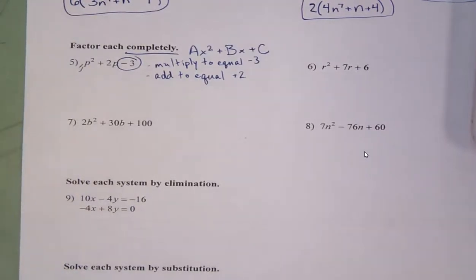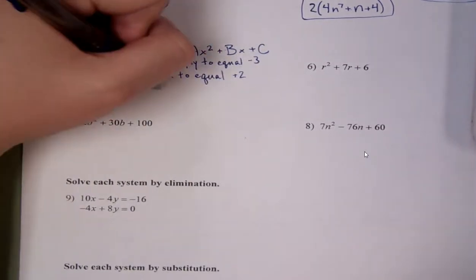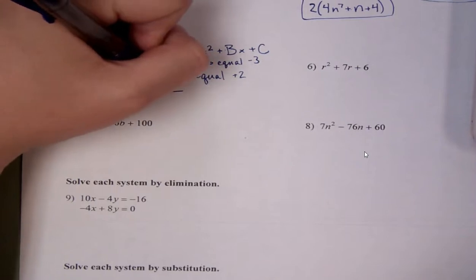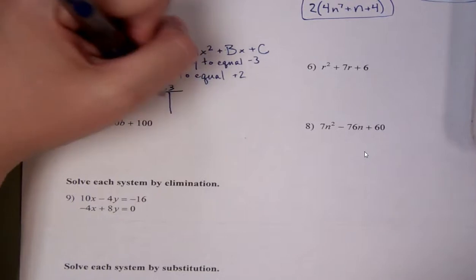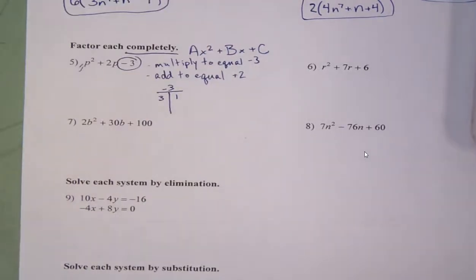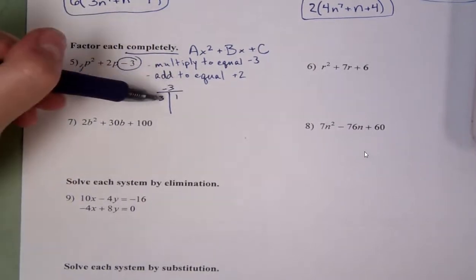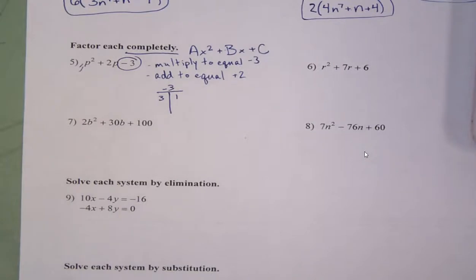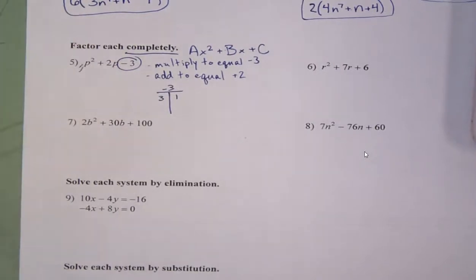So what we're going to do is, we have -3. We need 2 numbers that multiply to equal -3. Since it's a prime number, all you can do is take 3 and 1 and multiply them. But you just have to figure out which 2 numbers multiply to equal -3 and add to equal +2. So basically, where are we going to put this negative to make it a +2? The negative has to go on the 1.